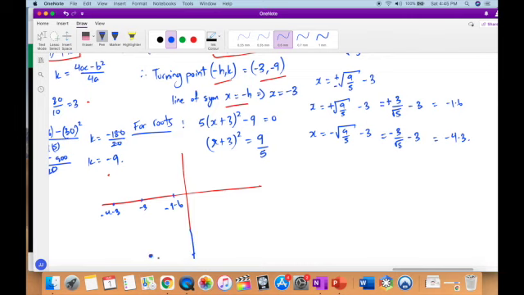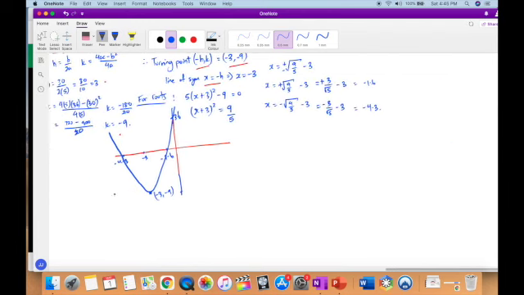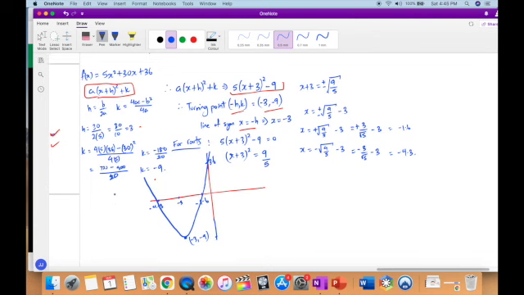So that is your turning point, negative 3, negative 9. And then all the way up here, 36 is the y-intercept, and so your graph is going to look like this. I know that is not particularly the neatest thing possible, but just to understand.